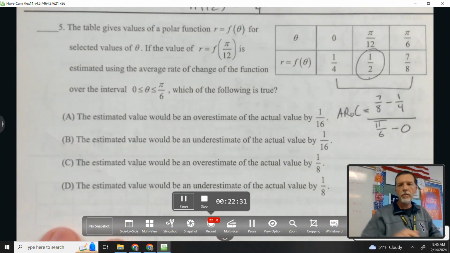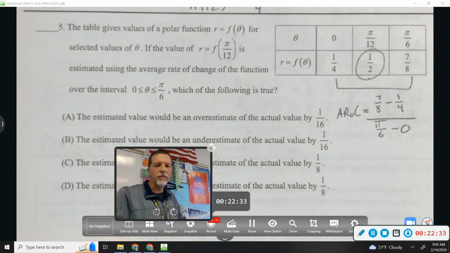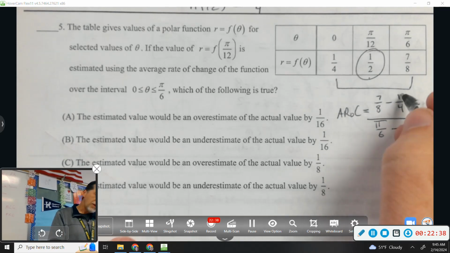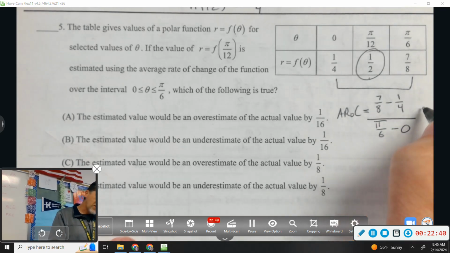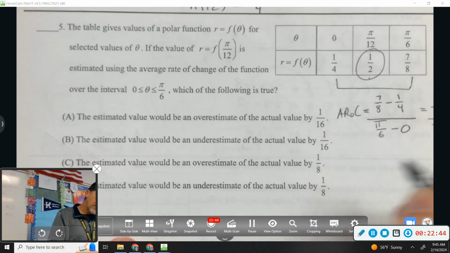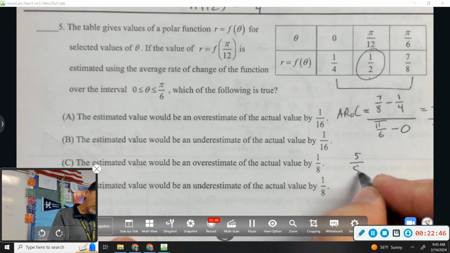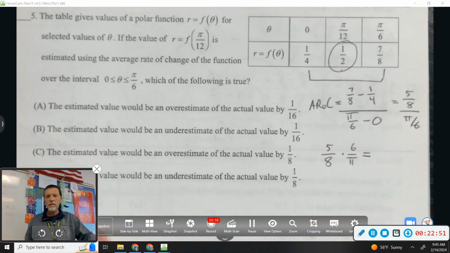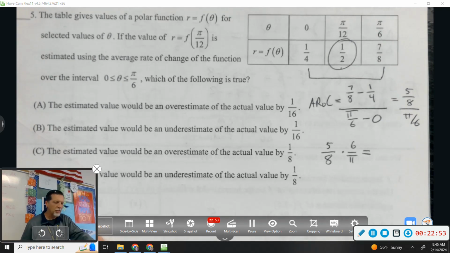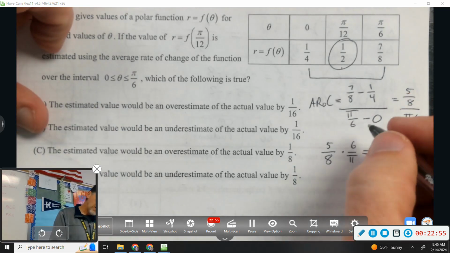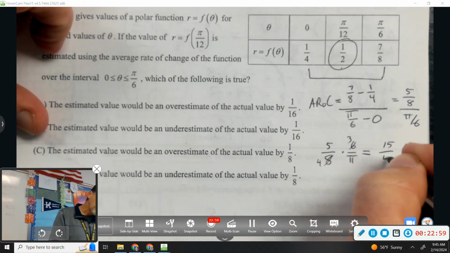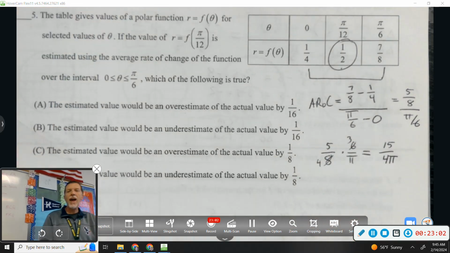We get a lovely fraction again. 7/8 minus 2/8 is 5/8 over pi over 6. So keep it, change it, flip it. We get a little bit of reducing, not much. 3 and 4, so 15 over 4 pi is my average rate of change.